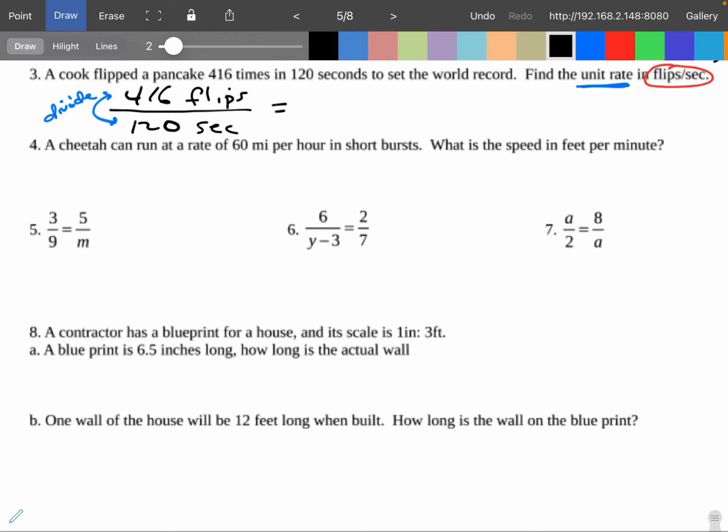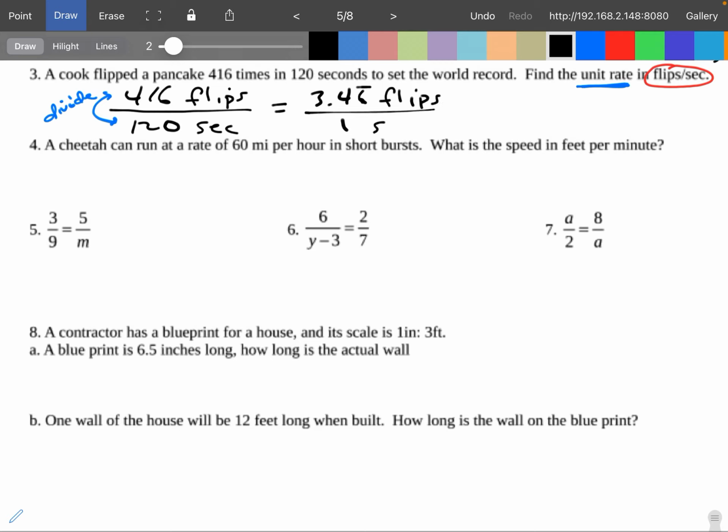You get some weird decimal or something? Yeah. 3 point something. 416 divided by 120. 3.46 would be like. Okay. So we get 3.47, or I'll write it like this. I'll write 3.4 with the 6 repeating, right?